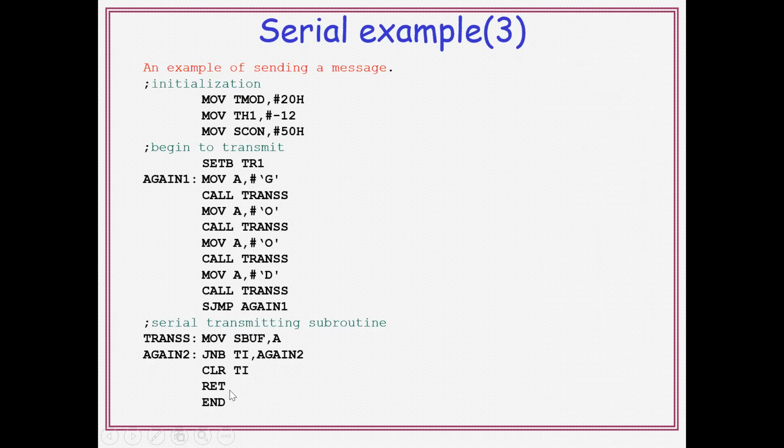After that, clear TI and return. Next, O is read into the accumulator, and then transmit again. After completion of this transmission, return, again O, again D. Finally SJMP indicates to transmit again. It is a program to transmit the GOOD message continuously with the baud rate.